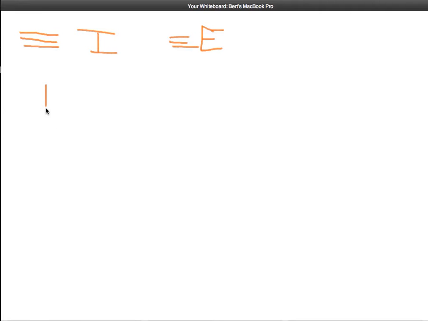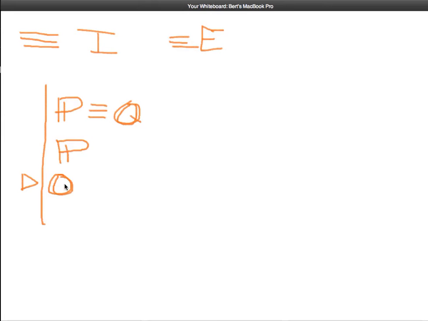So the idea here is you have a sentence that says P if and only if Q. And then you get the sentence P. Well, what that allows you to infer is Q. The justification we'll use for this is biconditional elimination on these two.